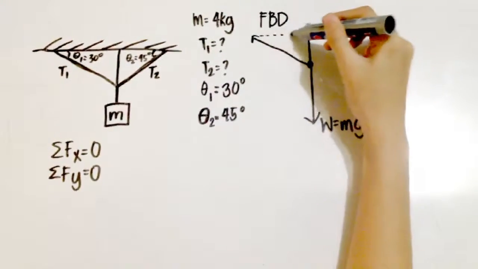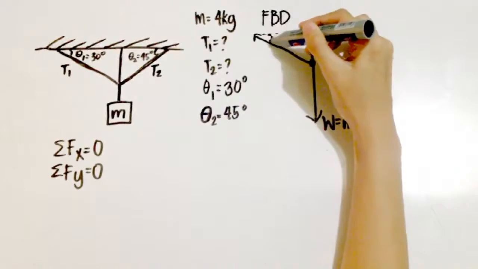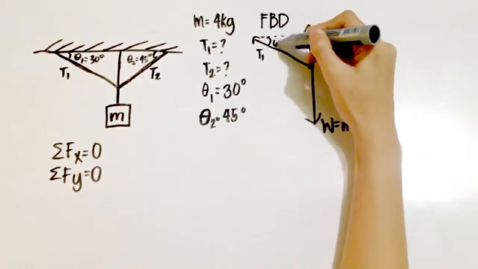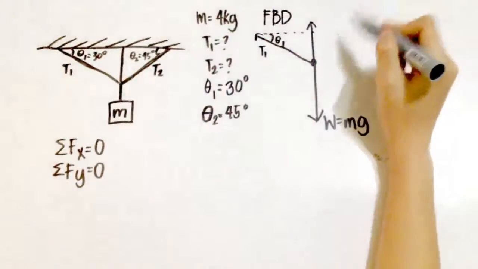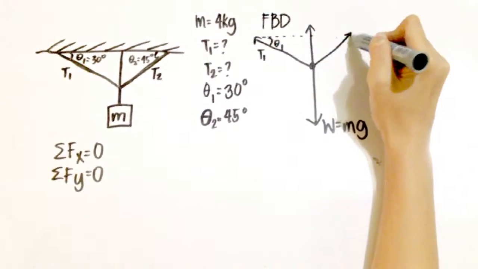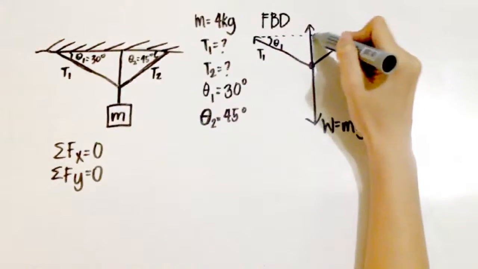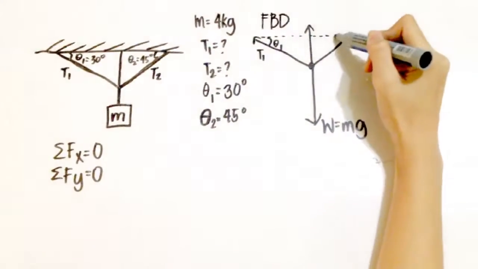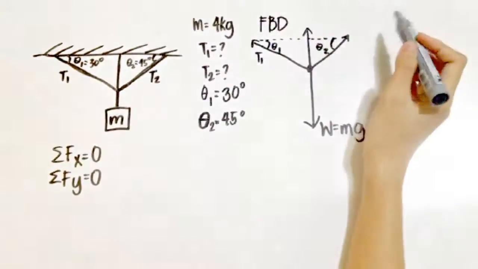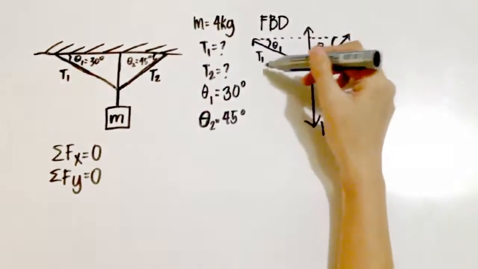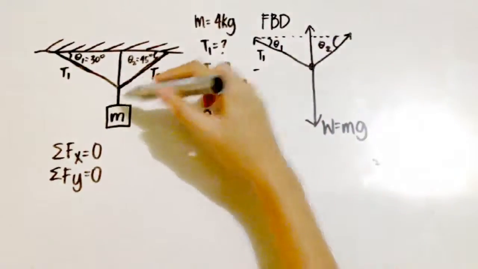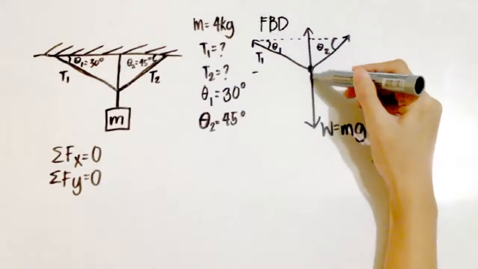So let's have this tension 1, which is angle theta 1. So on the right side, let's make it the tension 2, which is the angle theta 2 with 45 degrees. So let's not forget to label the tension acting downward, which is the tension 3.